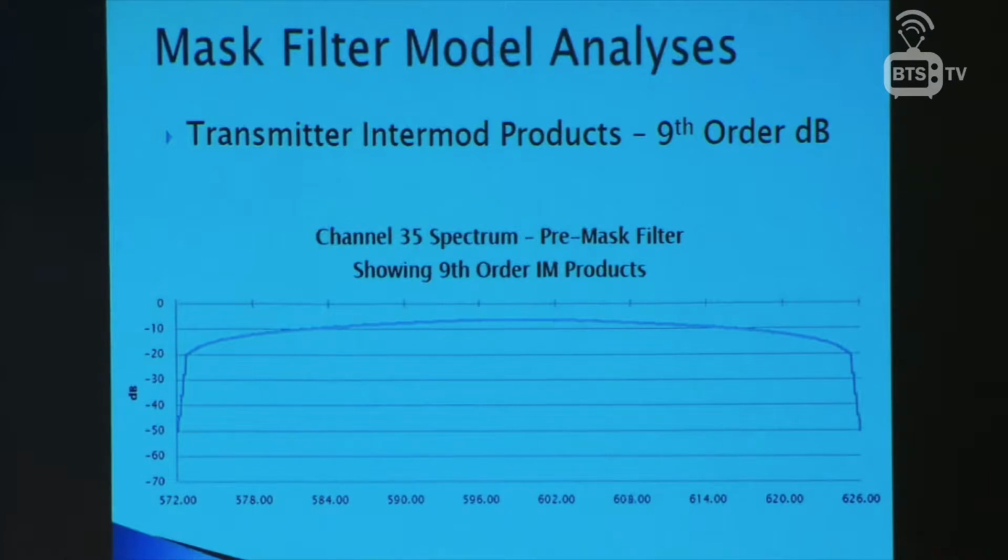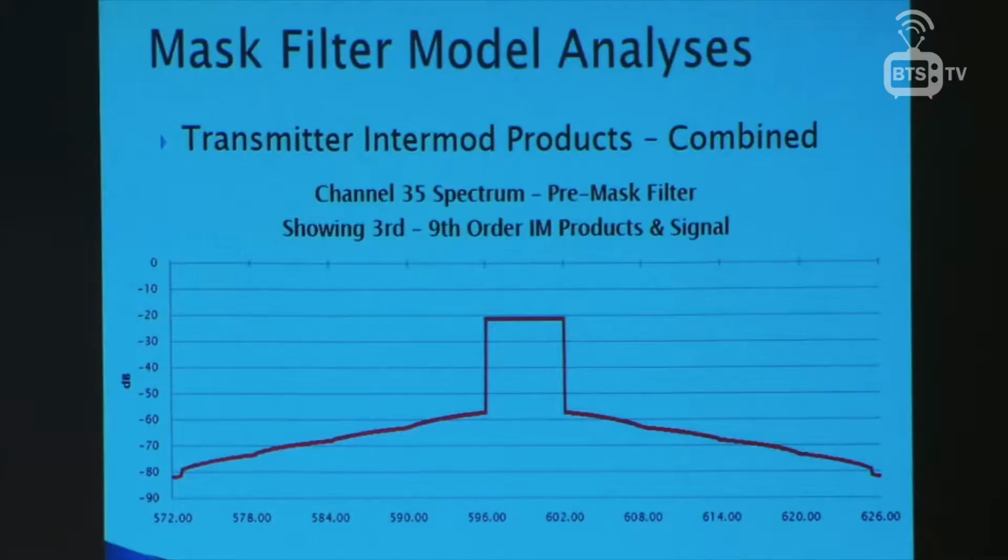And what happens when we sum all that up, and while we're at it, let's put in the original signal, we end up with a spectrum that looks like that. And that's essentially what comes out of the high power amplifiers in a transmitter. You'll notice that these don't seem like they're on the levels that you probably remember.